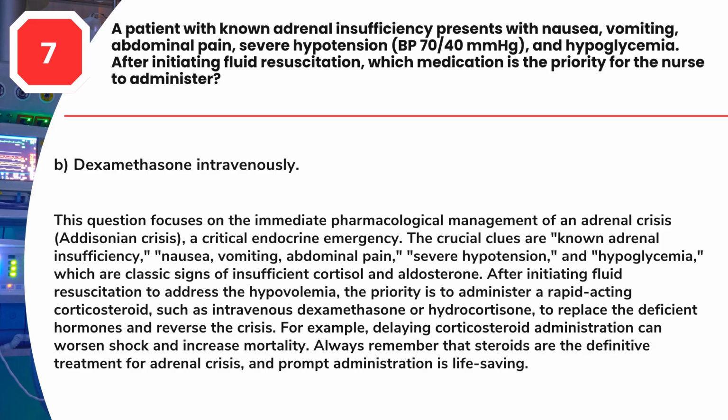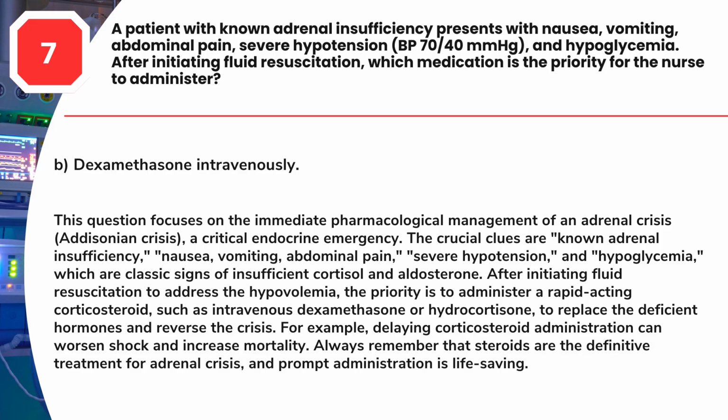Answer, B. Dexamethasone intravenously. This question focuses on the immediate pharmacological management of an adrenal crisis, Addisonian crisis, a critical endocrine emergency. The crucial clues are known adrenal insufficiency, nausea, vomiting, abdominal pain, severe hypotension, and hypoglycemia, which are classic signs of insufficient cortisol and aldosterone.